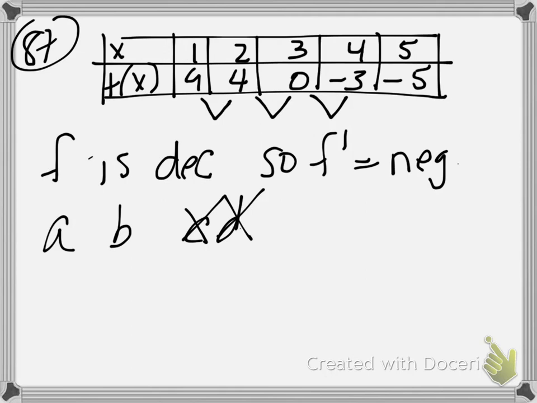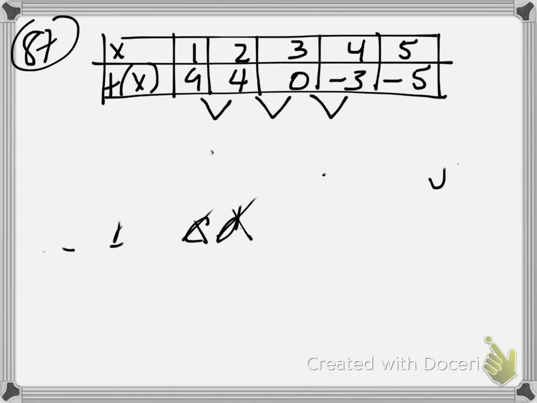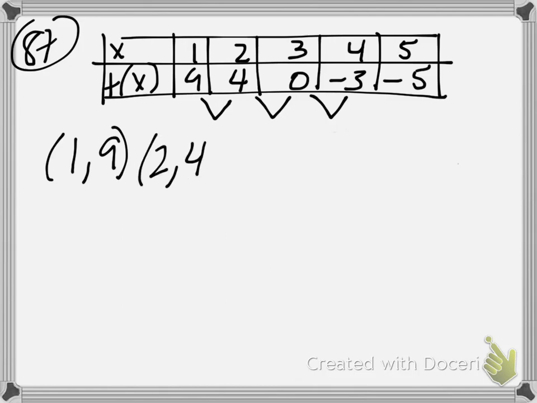So we can look at some slopes, and let me make some room here. Okay, so what if we look at the point 1, 9 and we look at the point 2, 4?